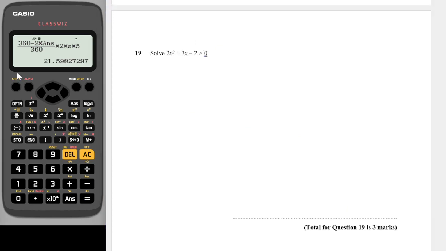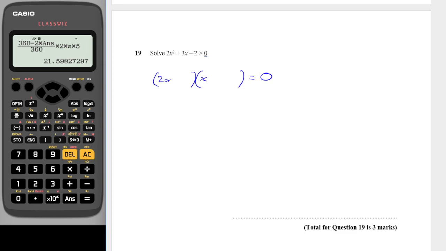Okay, question 19. 2x squared plus 3x minus 2 is greater than 0. So we need to solve that. Right, so I'm going to try and factorize it first of all, and I'm going to say it's equal to 0 just for now. So that's going to be 2x and an x.